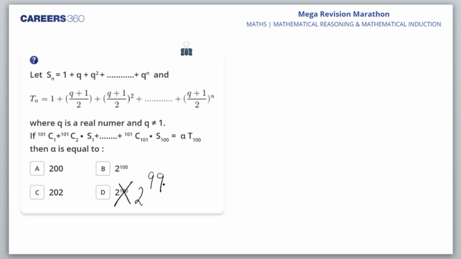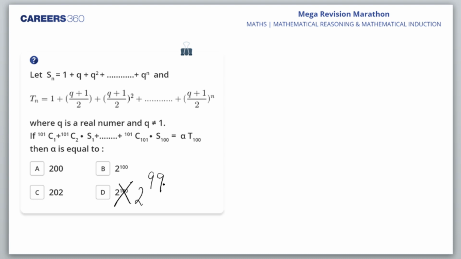100C1, 100C2, what would it be? S1. Ashashikar B, you are giving me an answer. Rohit B, Ashashikar B. Okay. Who else is going to give me an answer? So if you realize Sn is nothing but a GP, am I right or wrong?